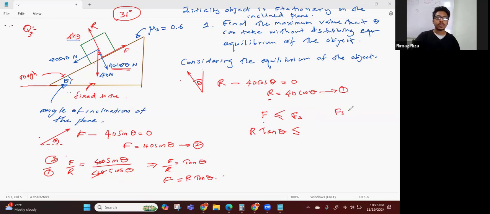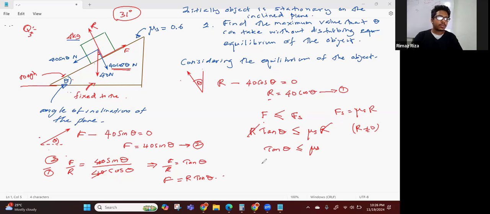We know Fs equals nu s times R. So R and R cancel, because R is not equal to 0. Therefore, tan theta is less than or equal to nu s.